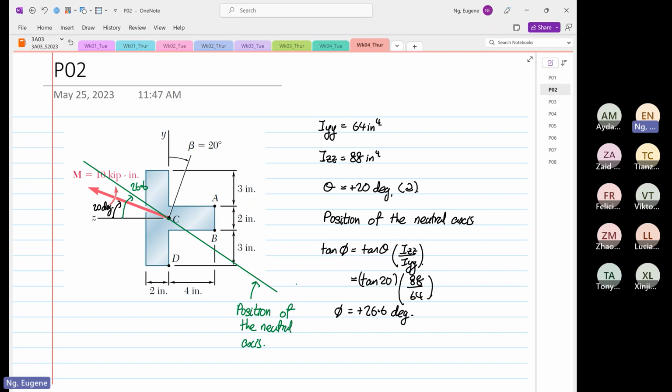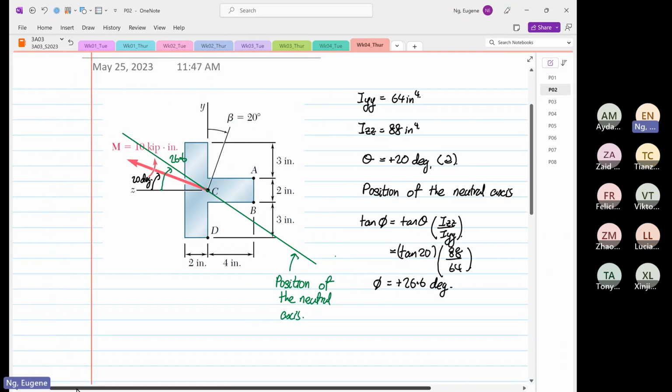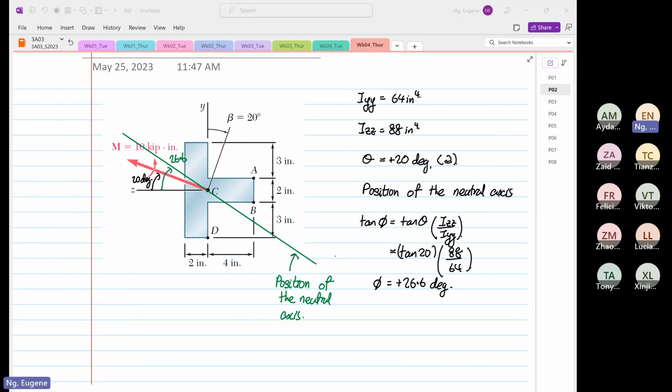Okay, I'm going to do another example from the textbook. Let me see. Oh, I do apologize. I'm looking for another example from the textbook to do so that you will be clearer.